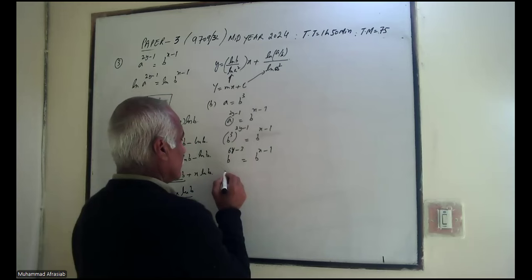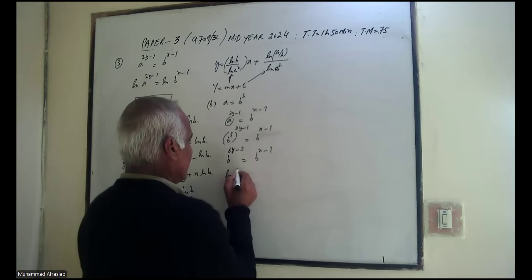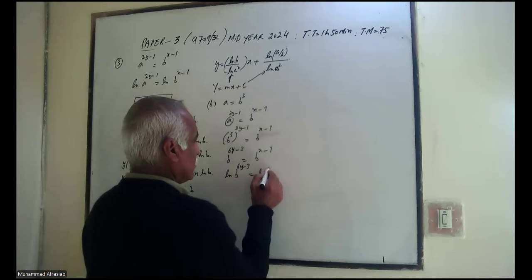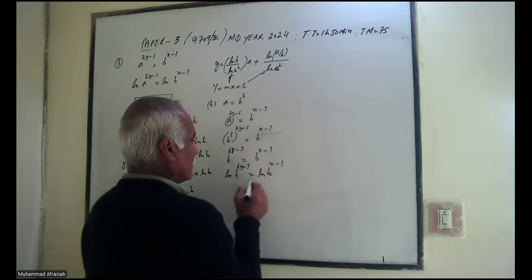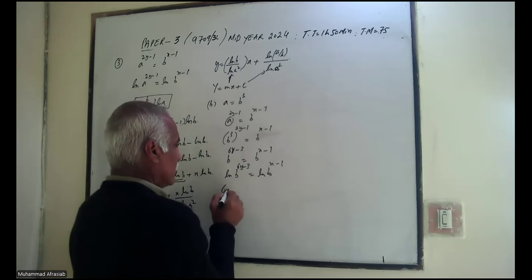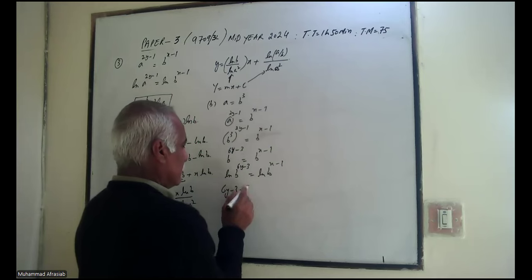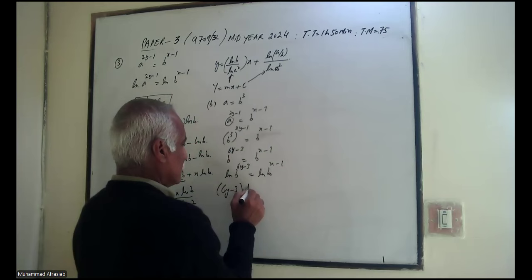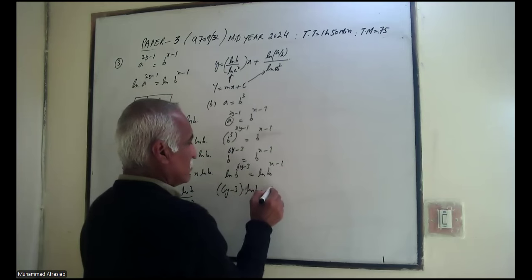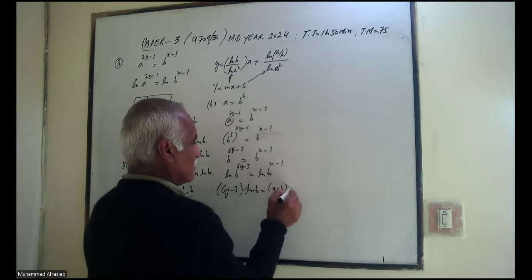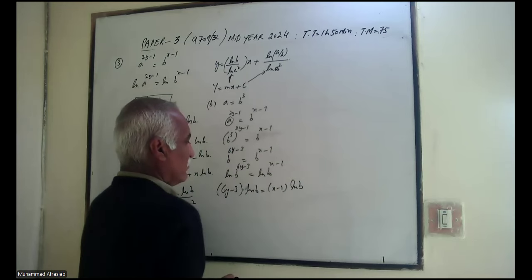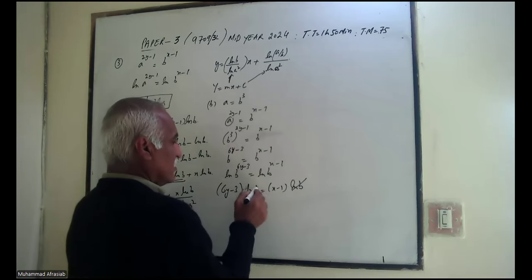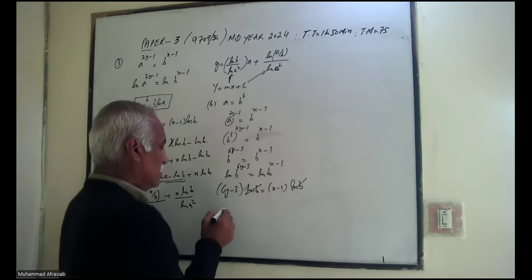Taking log on both sides, log of b power 6y minus 3 is equal to log of b power x minus 1. So (6y minus 3) log of b is equal to (x minus 1) log of b. So log of b and log of b are going to be cancelled out.